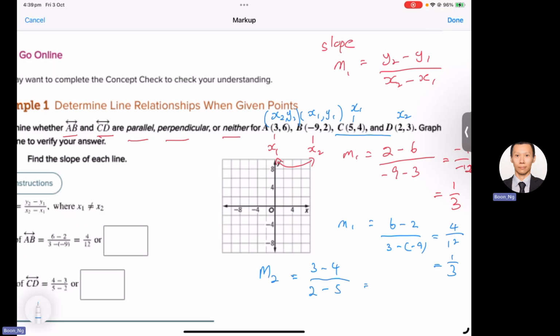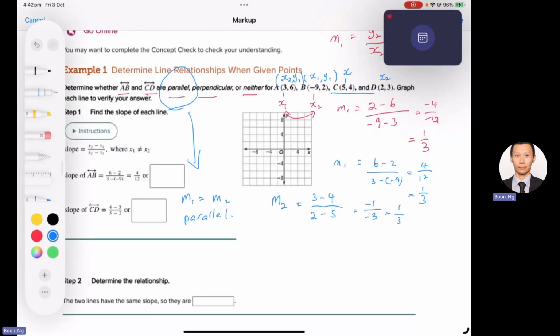If we work on the math, it will be -1 over -3. Simplify it, we get 1 over 3. So m1 is equal to m2. Because m1 is equal to m2, the lines are parallel. So the answer for this question is parallel.